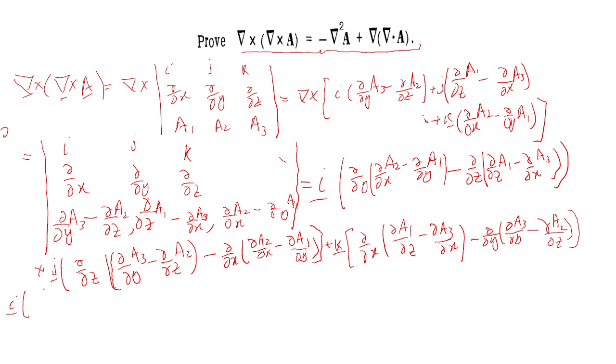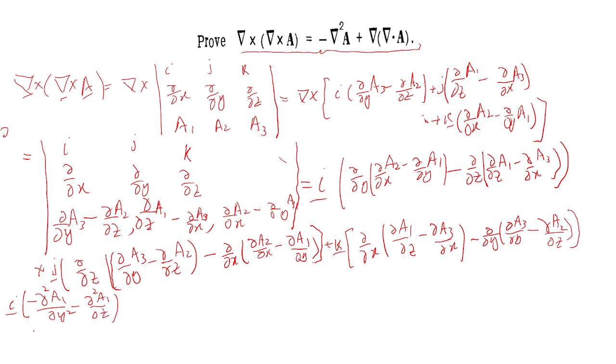You see, partial in the i direction, there is a negative sign, so I am taking the negative one: partial squared A1 by partial y squared, and then minus partial squared A1 by partial z squared.